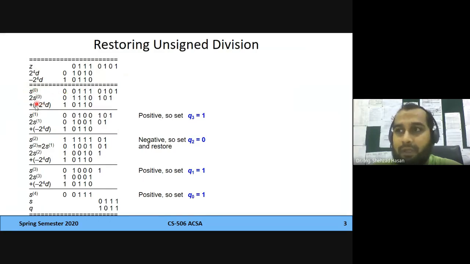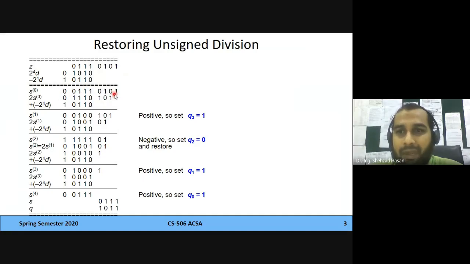This is our first step here. In the first step, what we have here is the partial remainder, represented as S. The remainder is represented here with S, and there is a 0 over here, which means that this is the first step, or 0th step. The first thing we have to do is copy the dividend as it is into the bits reserved for the partial remainder.